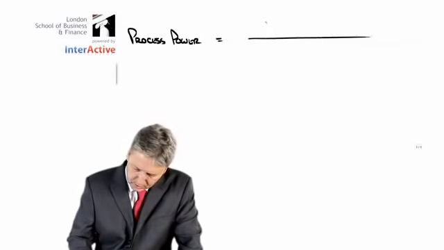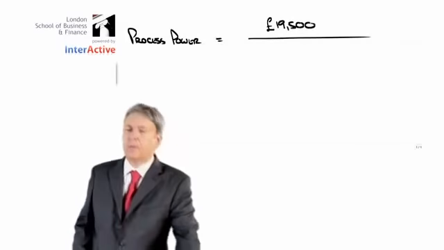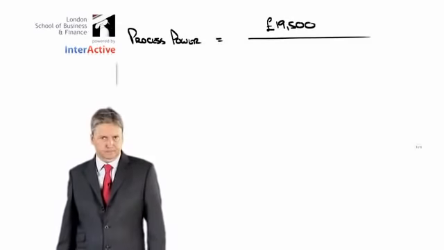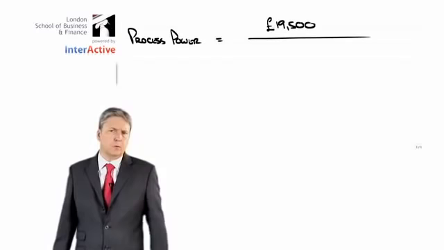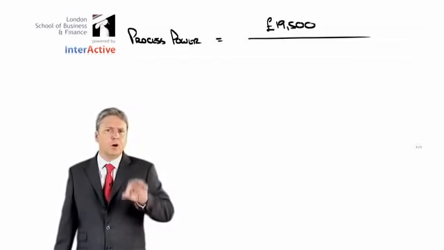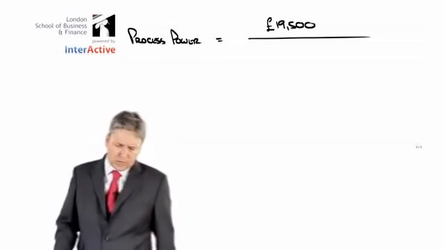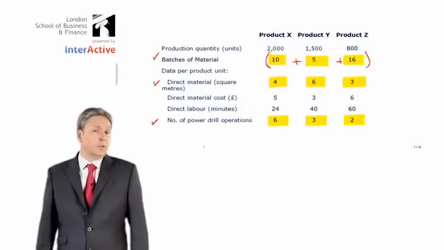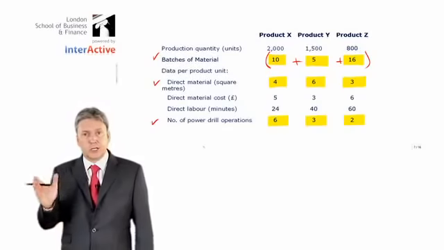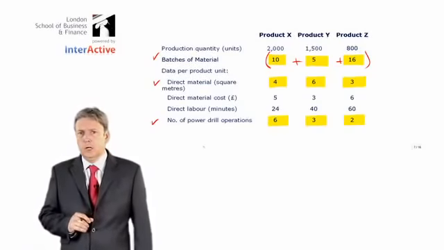Now let's look at process power. Well, we had, I think, £19,500 worth of process power. And what we want to do is link it using the number of power drill operations. So if we go back to the question, we see at the bottom that the number of power drill operations are 6 and 3 and 2.